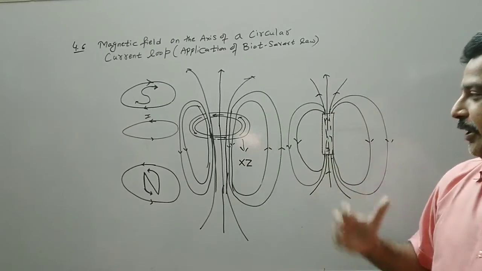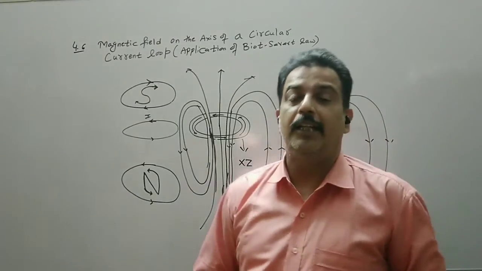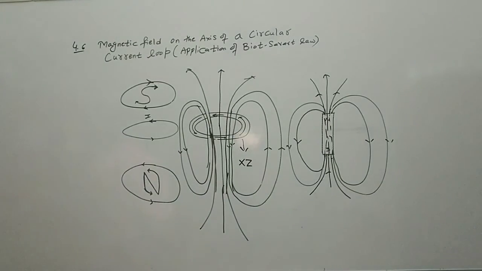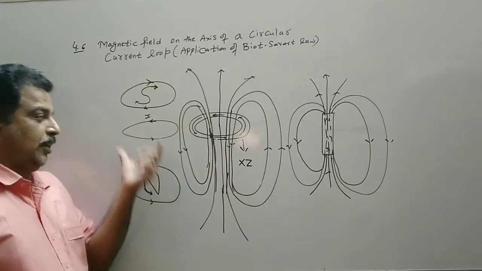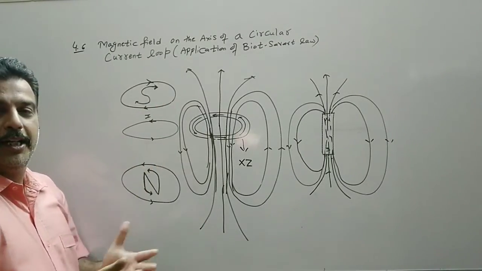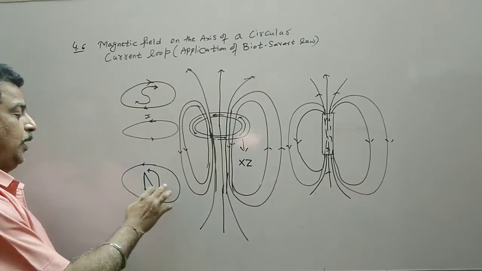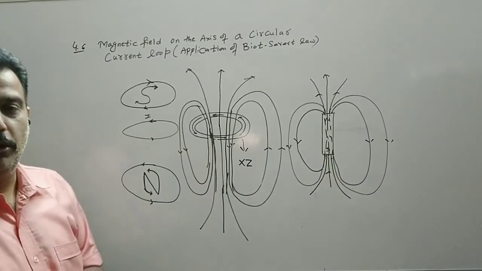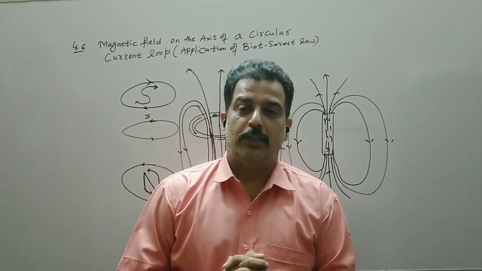So try to understand this direction. In the next lecture, we will apply the Biot-Savart law to find the magnetic field intensity. So remember this convention. Instead of using the rule again and again, you can directly say whether it is a north pole or a south pole. So we'll wind up today's lecture at this point.